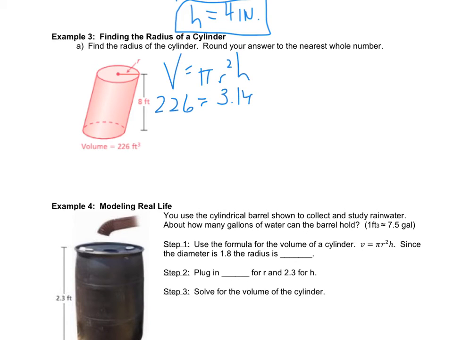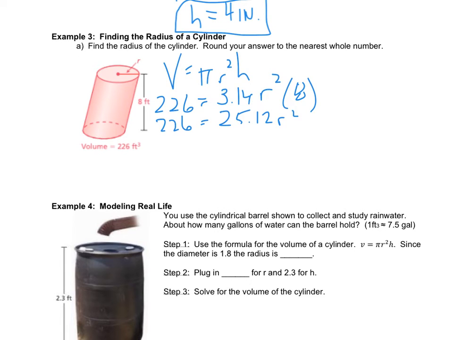The radius, do we have that radius? No. So that's going to be the one that we're searching for. And then do we have the height? The height is an 8. So in this case, what I first need to do is put together the things on the right-hand side. We can rearrange this a little bit: I can do 3.14 times 8, which gives me 25.12 r squared equals 226.